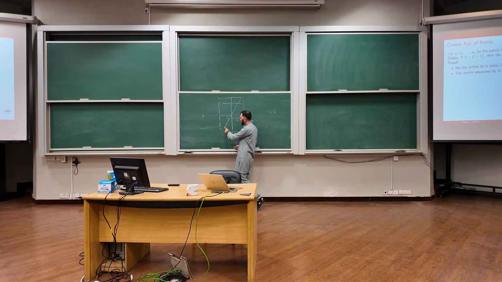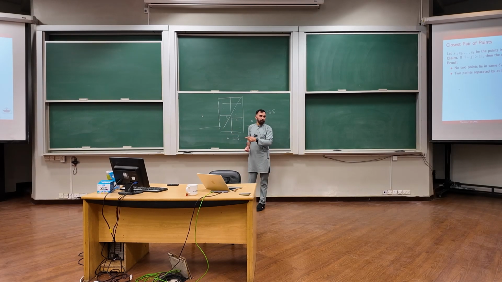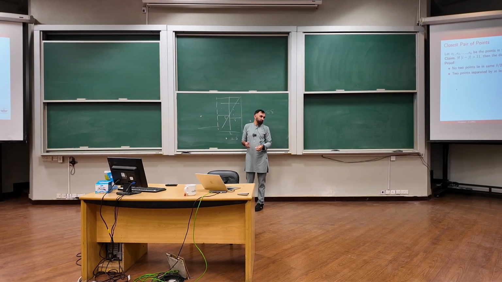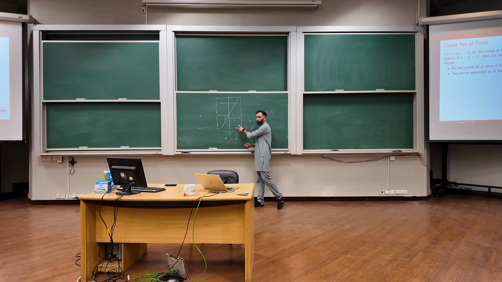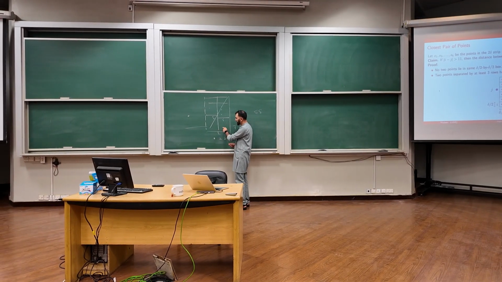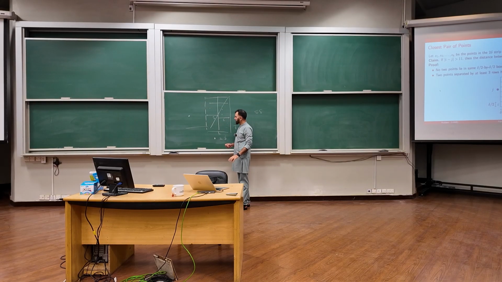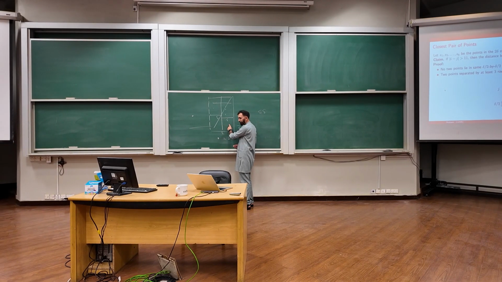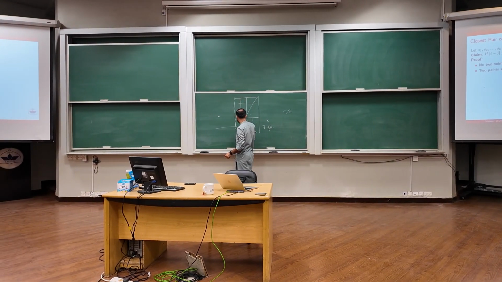Right? So I know that all of these points are at distance at least delta from each other. Similarly, all red points are at distance delta from each other. The only possibility of a pair at distance smaller than delta is between a blue and a red point. Okay?